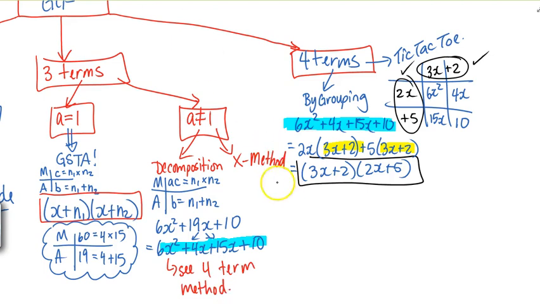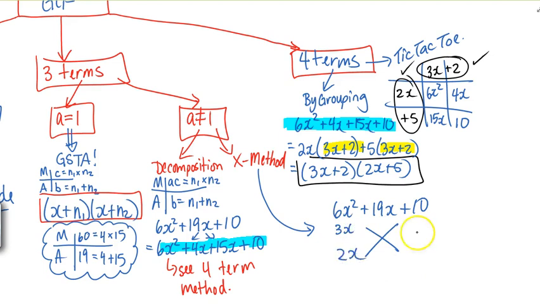Now the X method, that's a little bit different. So for this question here, 6x squared plus 19x plus 10, you just draw an X. Okay, we're going to have, let's try 3x and 2x. And we want, what do we want with the 2x? We want the 5. So let's do a 2 and a 5 here. And now we're going to crisscross multiply to see, does this added to that product?